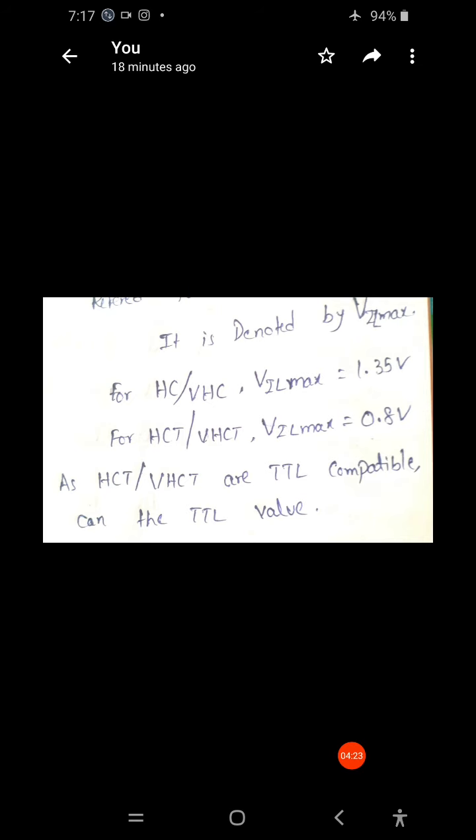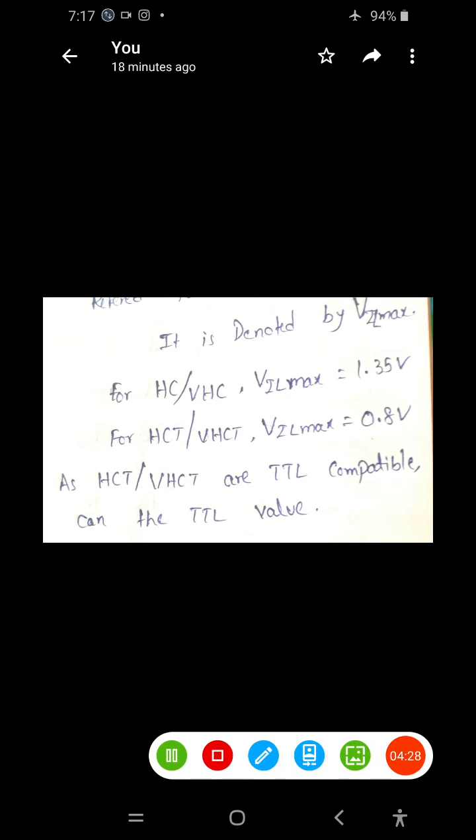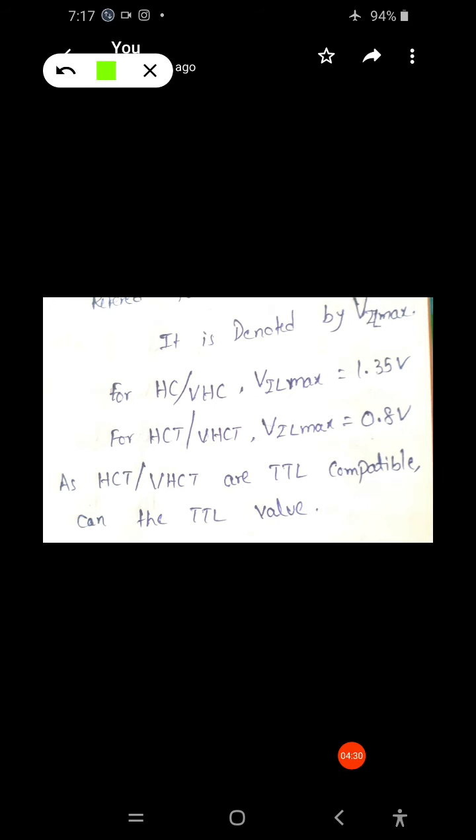It has different values for different logic families. For HC or VHC, the VIL max value is 1.35 volts, and for HCT and VHCT the VIL max value is 0.8 volts.